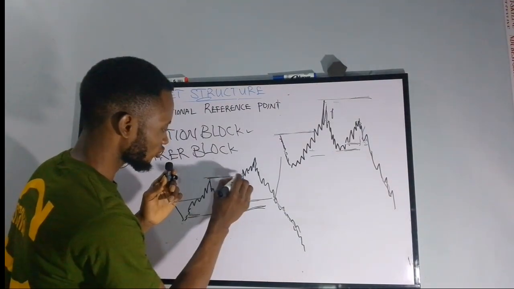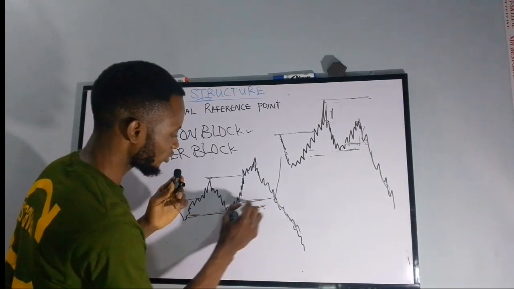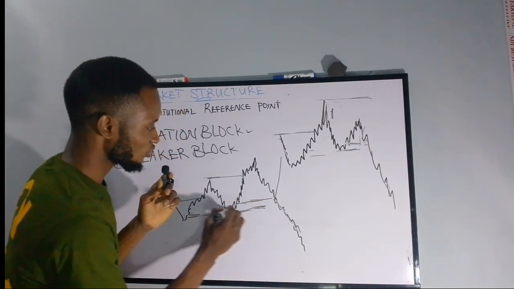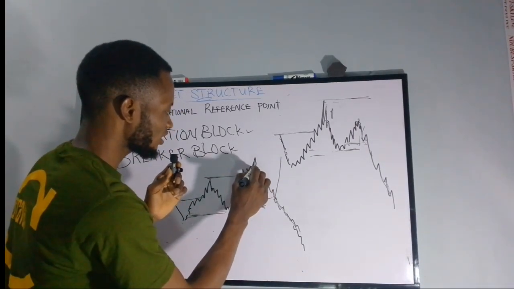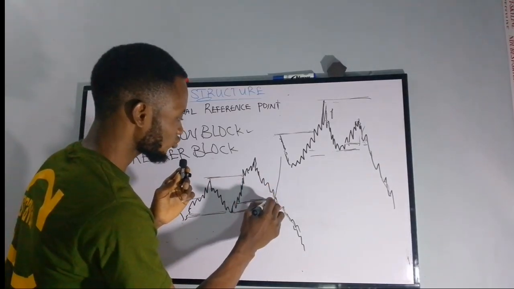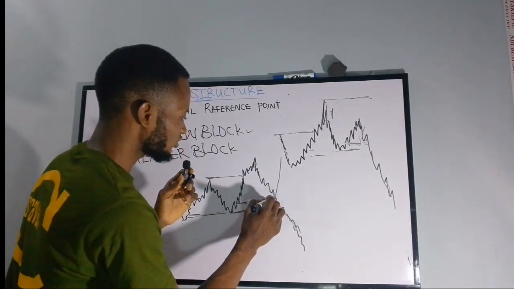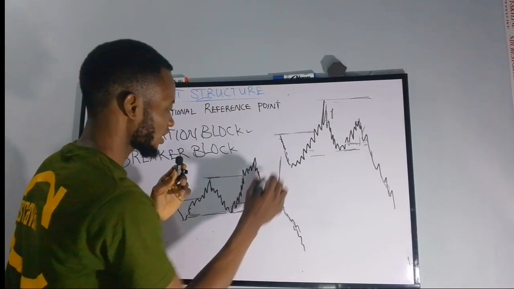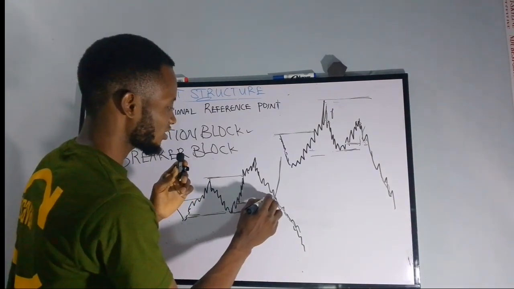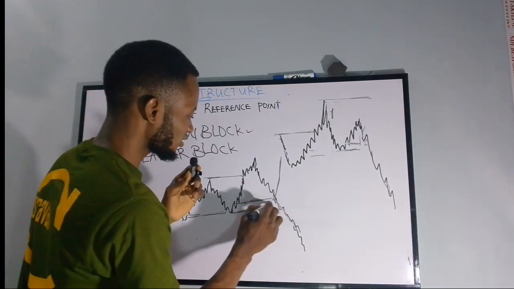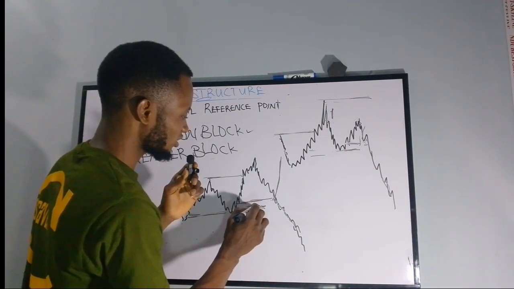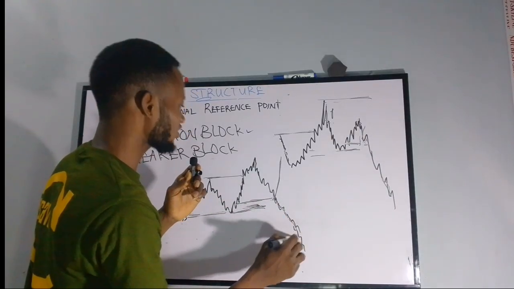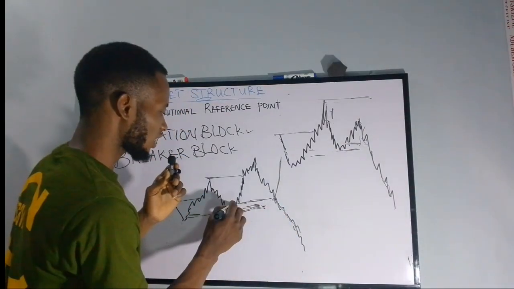Yes, broke structure. Then there is an order block here, and then we actually expect the price to come down to this region and then move to the upside. But what happened is that price disrespected the order block available in this region, then broke to the downside. That is what a breaker block is.